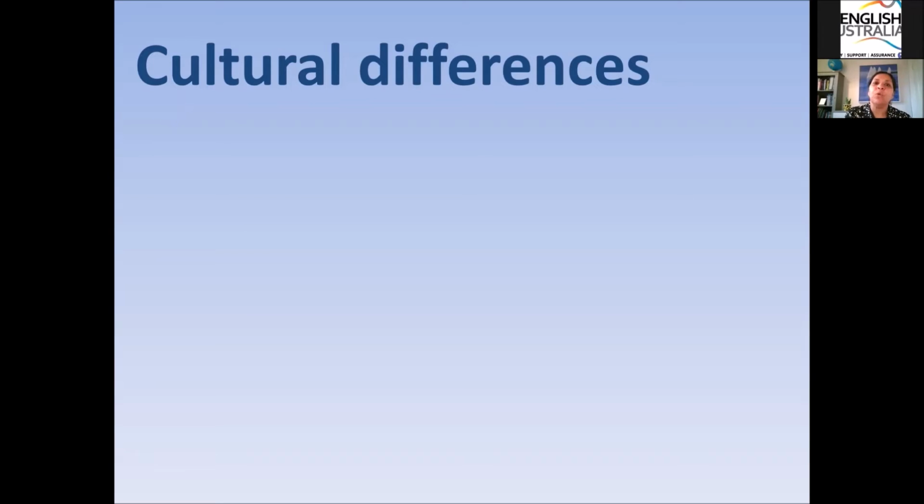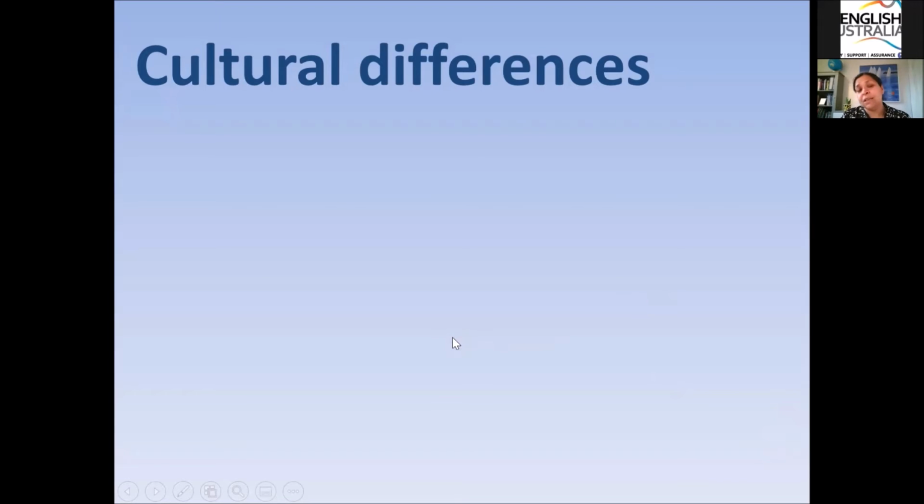The reason why we've started labeling it as a difference is because it's about learning in a different way. It's not a disability, it's learning in a different way. So the brain is wired up slightly differently, and we need to be able to support that in our classrooms.